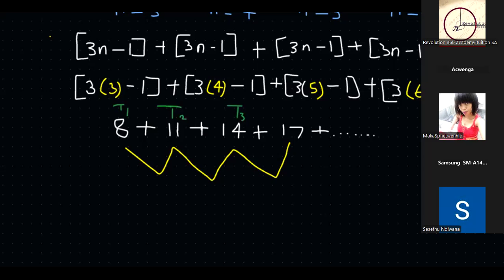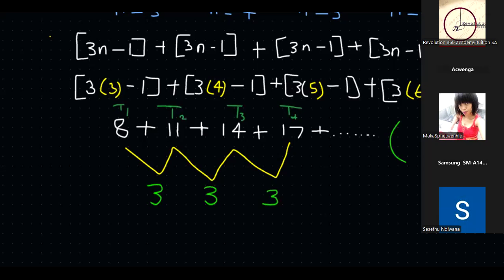Now let's check. You say T2 minus T1. That will be 11 minus 8. You get 3. You write 3 here. Then you say 14 minus 11. You get 3. And then you say 17 minus 14. You get 3. So this basically means this is not an arithmetic sequence, but it's an arithmetic series.